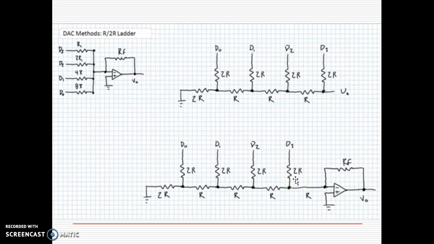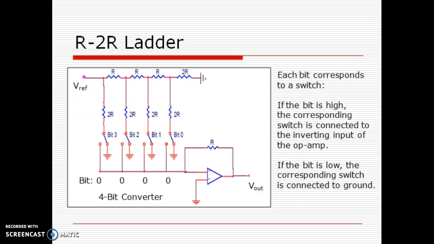This is one of the best methods to implement a digital to analog converter for higher bits. This is how we can redraw the diagram in a different way. This is the MSB and this is the LSB, and you can easily tell by following the ground path which is the LSB and which is the MSB.